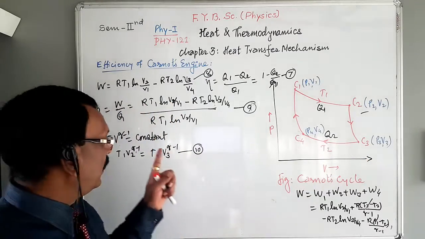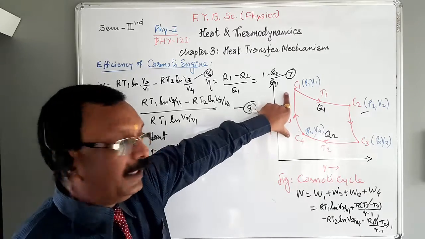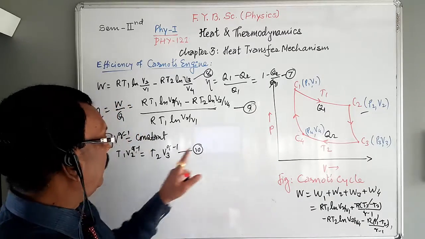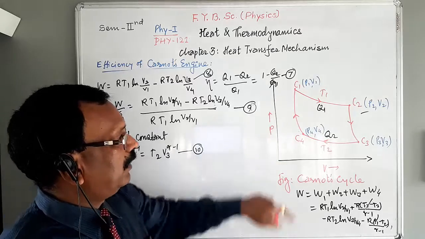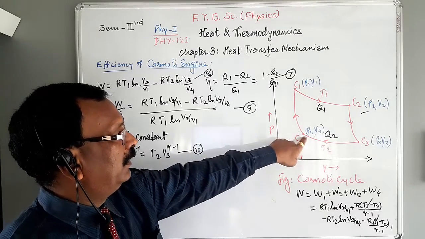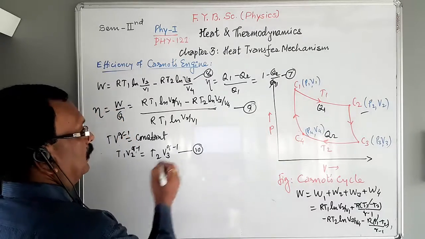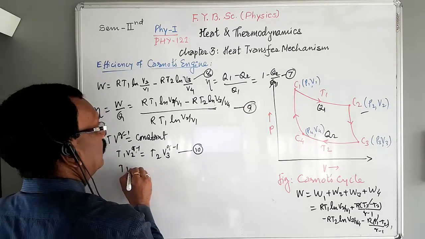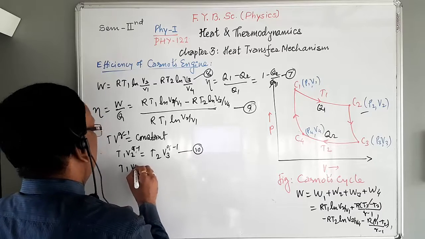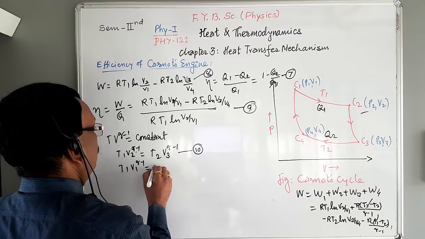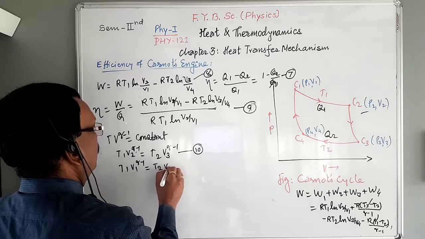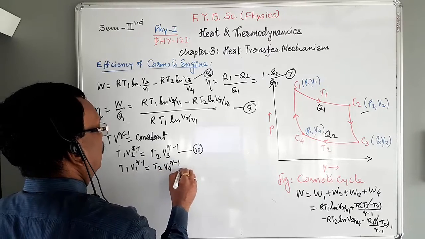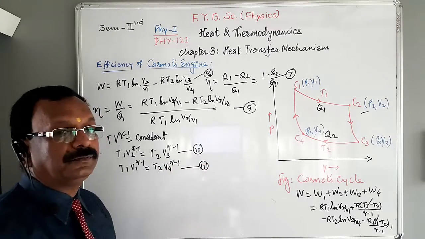Now we also apply this equation to the adiabatic compression, at points C4 and C1. We have T1 V1 raised to gamma minus 1 is equal to T2 V4 raised to gamma minus 1. Suppose this is equation 11.